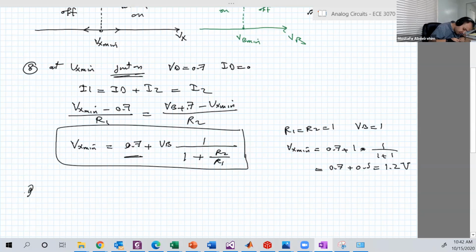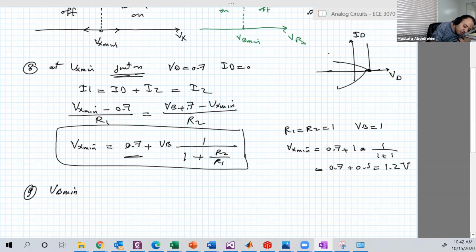Now, number 9, VB minimum. That will turn the diode off. And let's here draw or plot the characteristics. This is VD, this is ID. This point here is off, here is on.